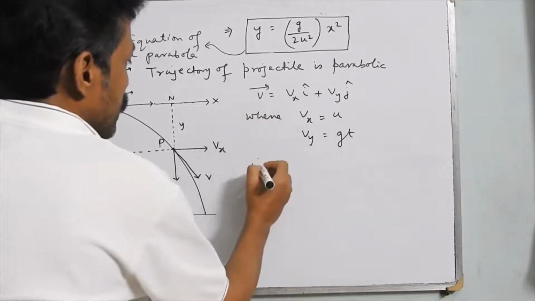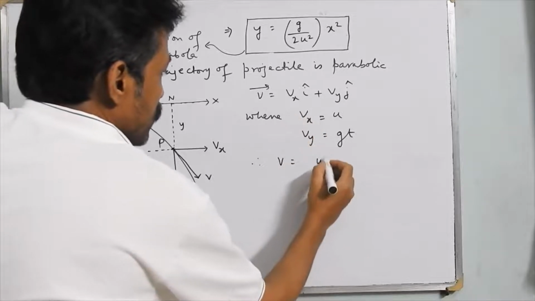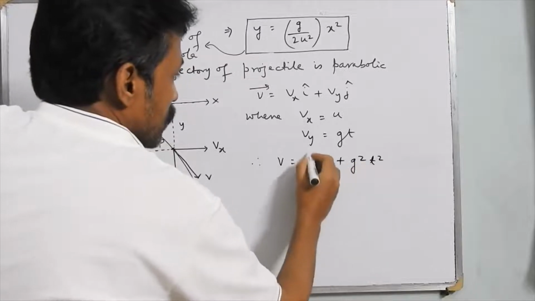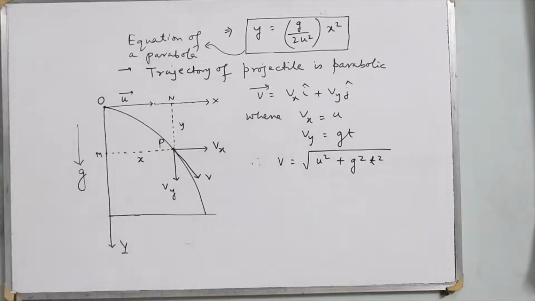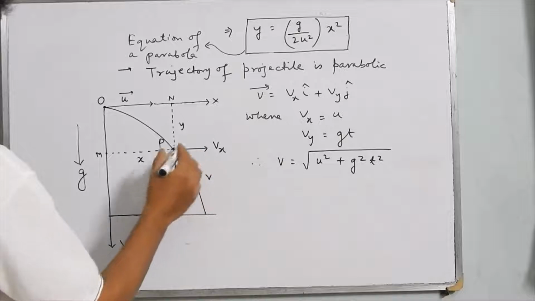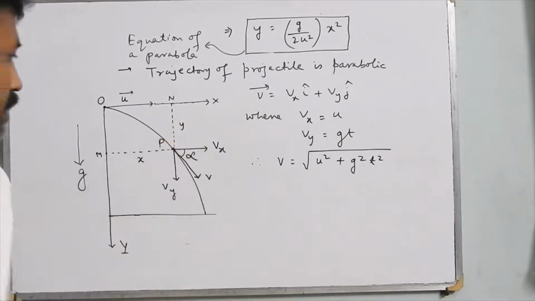So therefore you can say V is equal to the square root of Vx square plus Vy square. It is the square root of u square plus g square t square. So that is the instantaneous velocity of the projectile at any time t. And if you want to know the direction, let me consider that this v vector makes an angle alpha with the horizontal direction.